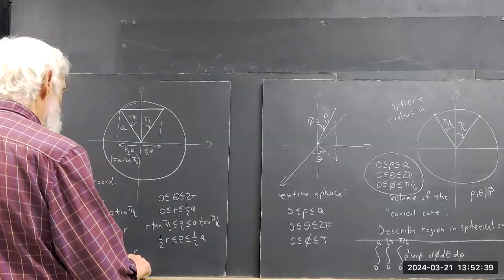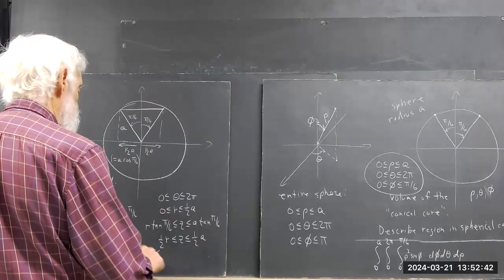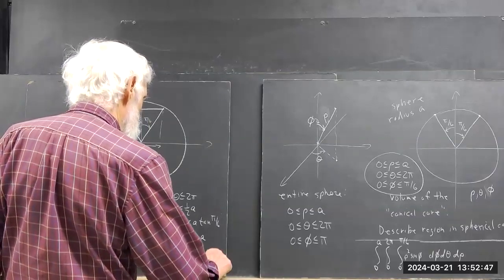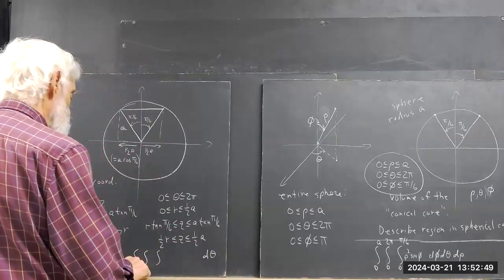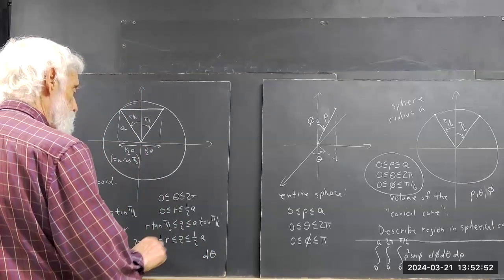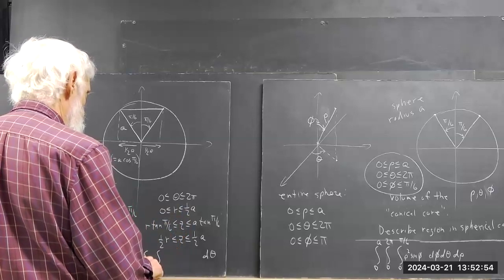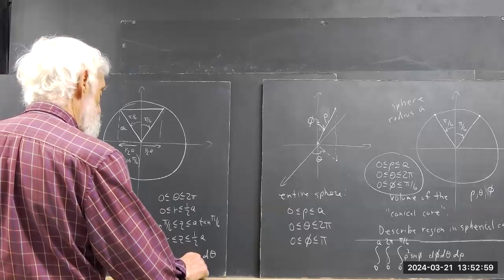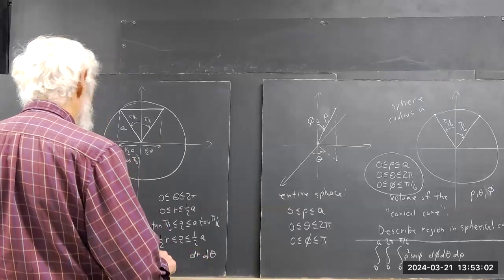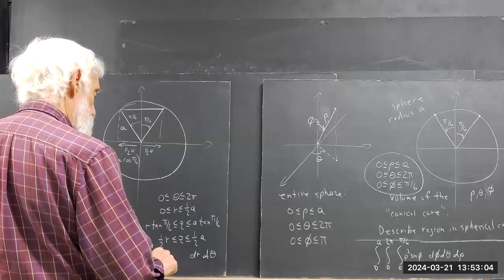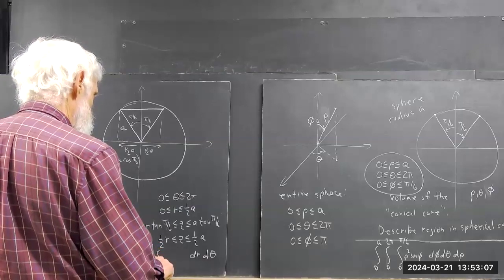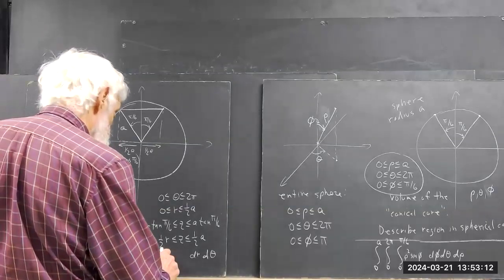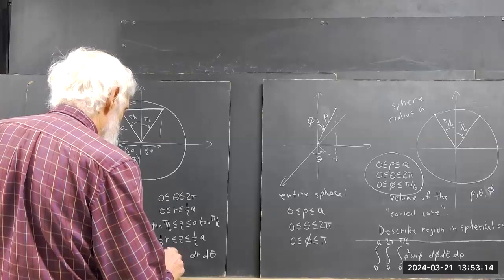So your integral, we'll go ahead and integrate theta last. Theta goes from 0 to 2 pi. R goes from 0 to 1/2 A. And Z goes from R over 2 to A over 2.